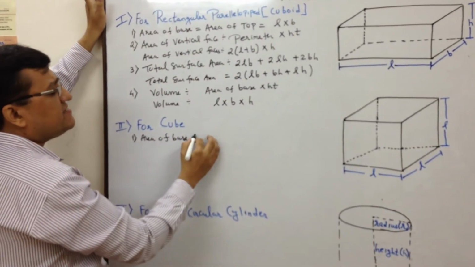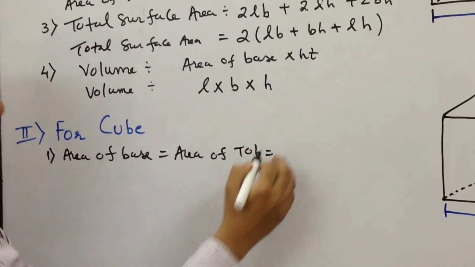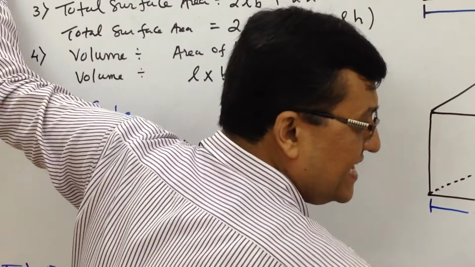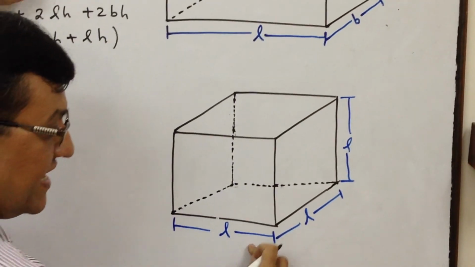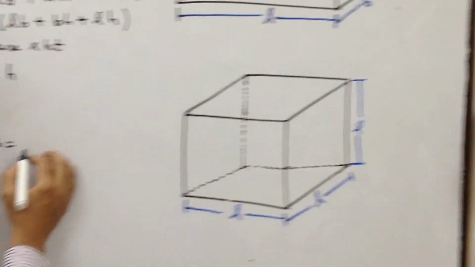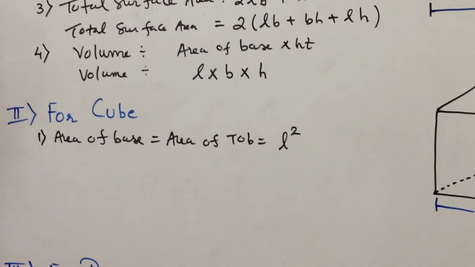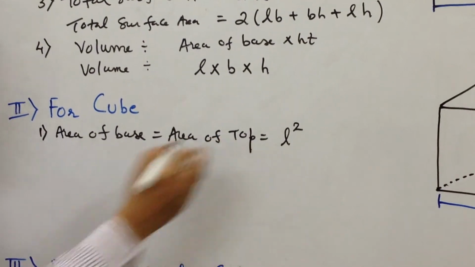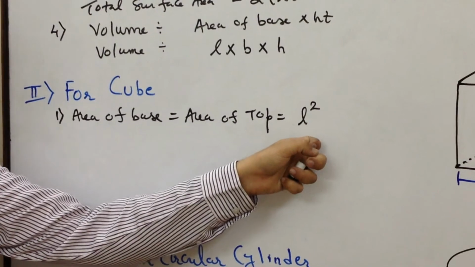Area of base is equal to area of top. Over here it was length into breadth, but here it is going to be length into length, so it is L into L, which is L square. Area of base is equal to area of top, which is L square.